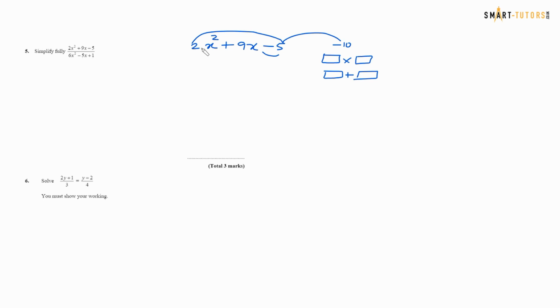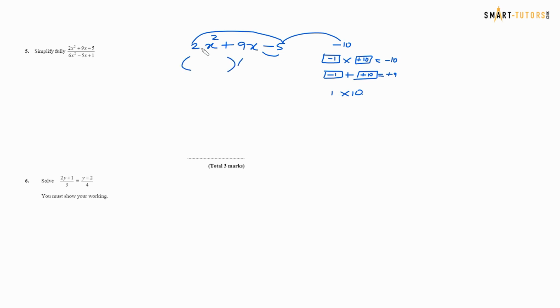What are the factors of 10? 1 times 10, 10 take away 1 is 9. So the answer is plus 10 and minus 1. If you have minus 1 plus 10, that gives plus 9, and minus 1 times plus 10 gives minus 10. So we found the answer.